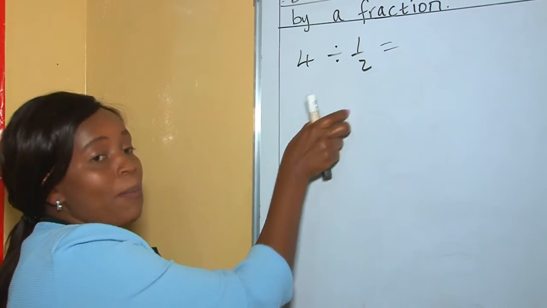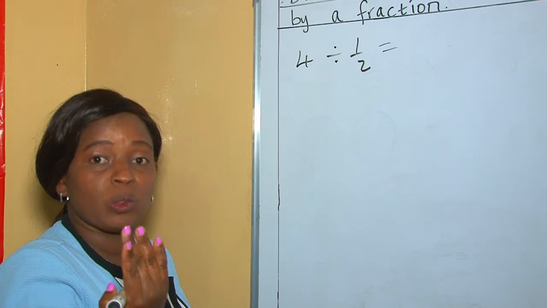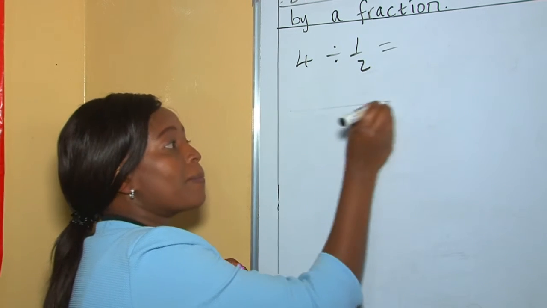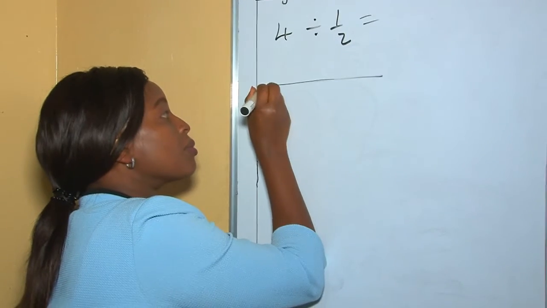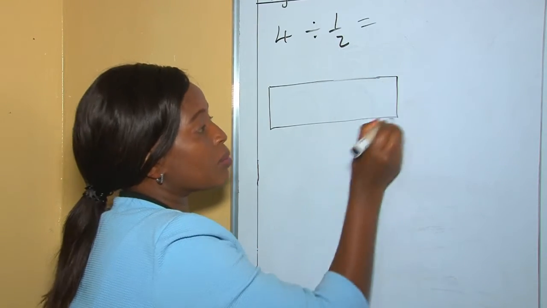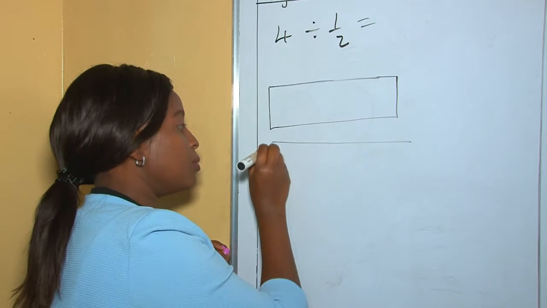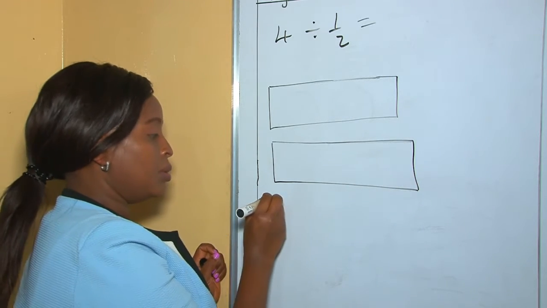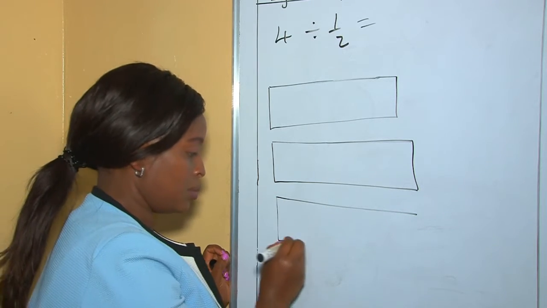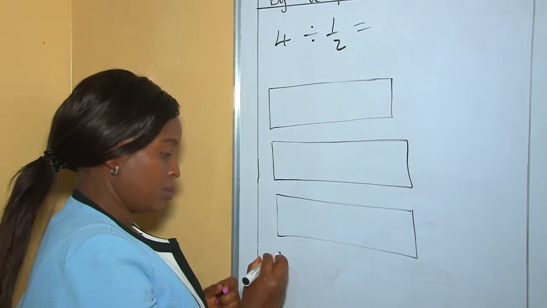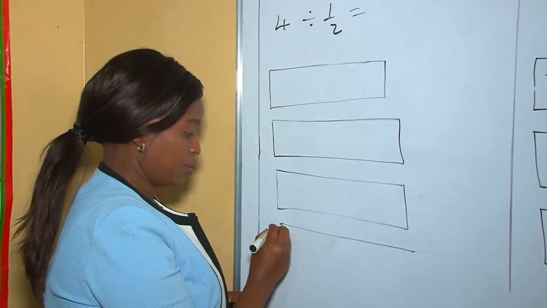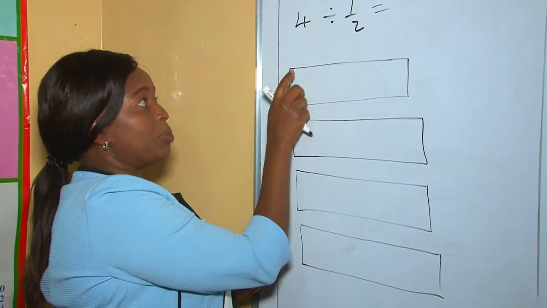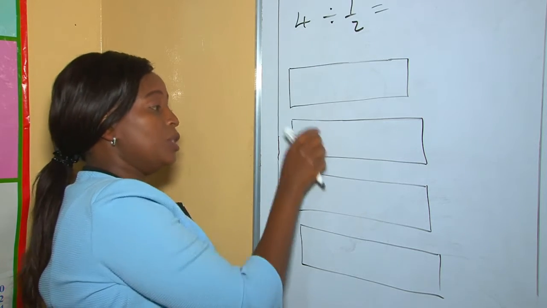When we use the practical method, I'm assuming I have 4 objects and I'm supposed to divide them into halves. These are 4 objects, 4 divided by a half. 1, 2, 3, 4.